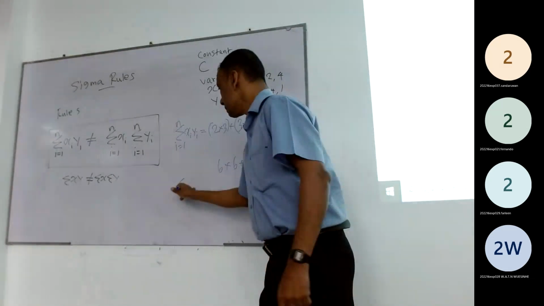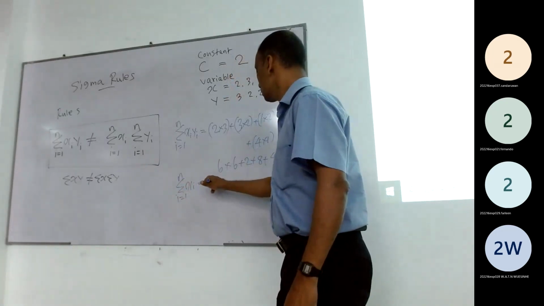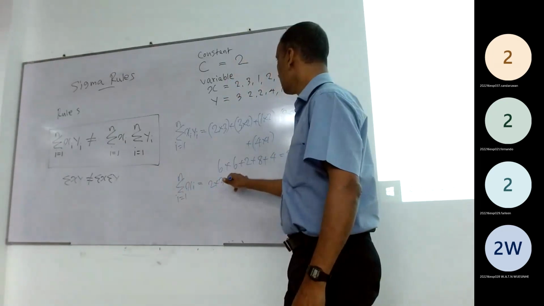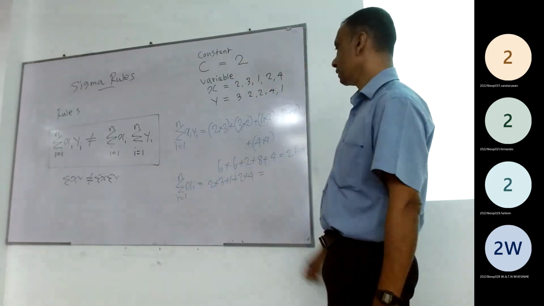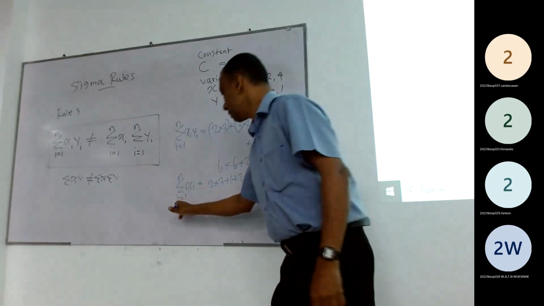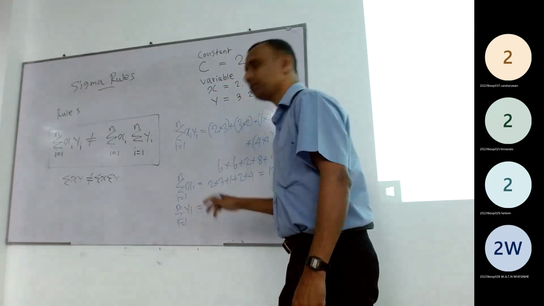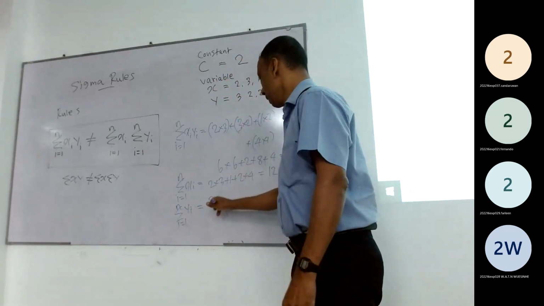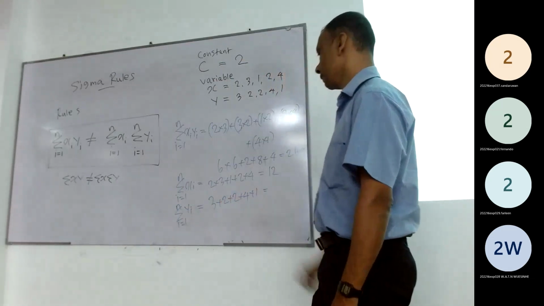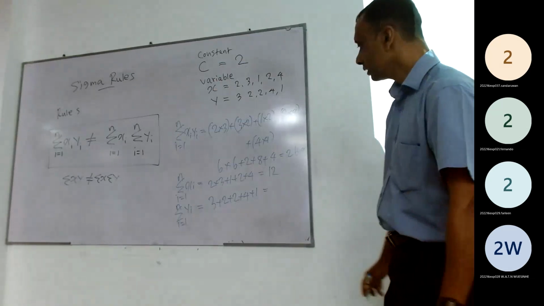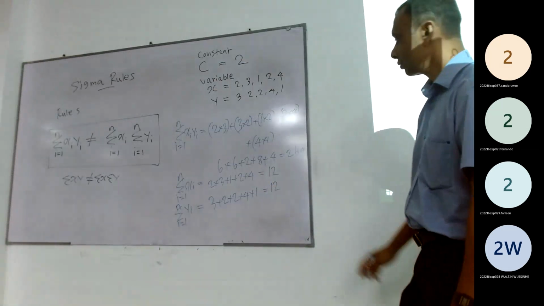Separately do. Sigma i equals 1 to n xi: 2 plus 3 plus 1 plus 2 plus 4. 4, 6, 7, 10, 12. Sigma i equals 1 to n yi: 3 plus 2 plus 2 plus 4 plus 1. 3, 5, 7, 8, again 12, no? 3, 5, 7, 8, 12.